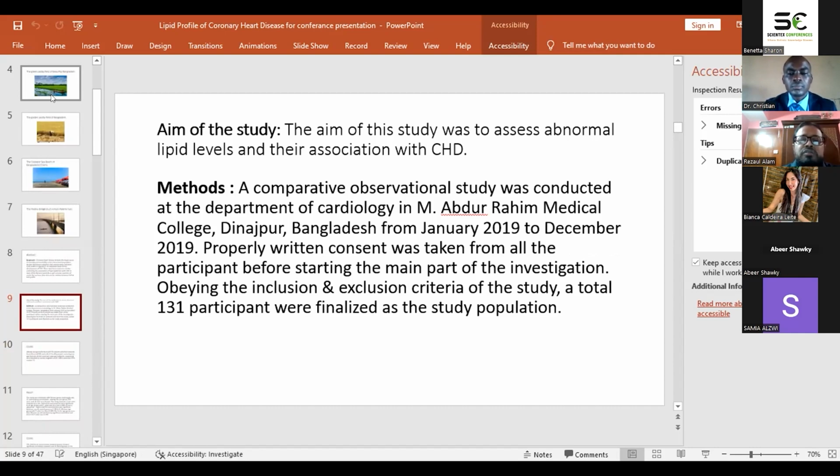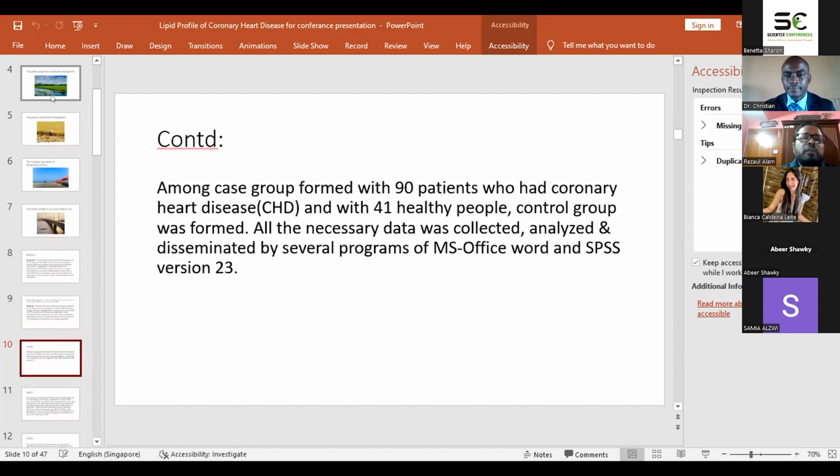Obeying the inclusion and exclusion criteria of the study, a total of 131 participants were finalized as the study population. The case group was formed with 90 patients who had coronary heart disease, and a control group was formed with 41 healthy people. All the necessary data was collected, analyzed, and disseminated by several programs of MS Office Word and SPSS version 23.